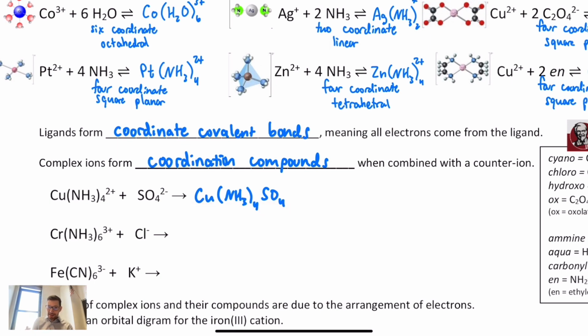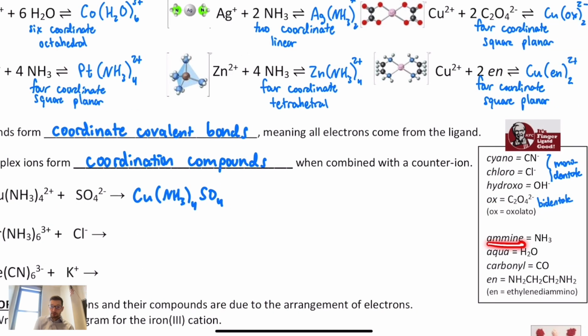Now, how do you name these? Well, you start by naming the cation, which happens to be the complex ion, and you first use how many of the ligand are present. Now, the NH3 ligand is actually called the amine ligand, and there's 4 of them. So we use the Greek prefix for 4, which is tetra, and you say that this is a tetraamine. And then what's the metal?